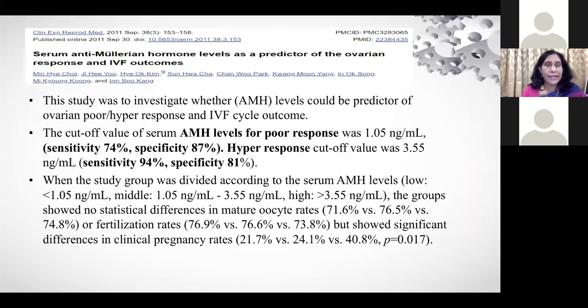In this study, on serum AMH levels as a predictor of ovarian response in IVF, they found that for poor response, the sensitivity is 74% and specificity 87%. For hyper response, the cutoff was 3.55 with a sensitivity of 94% and specificity 81%.